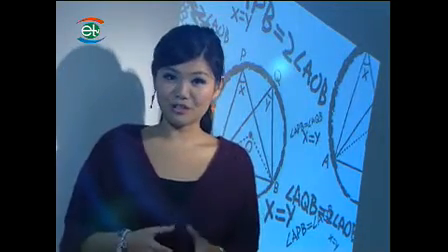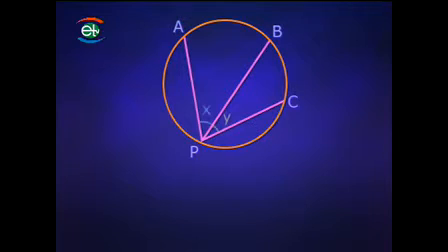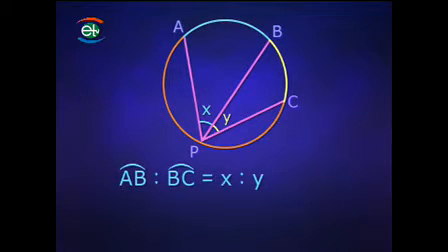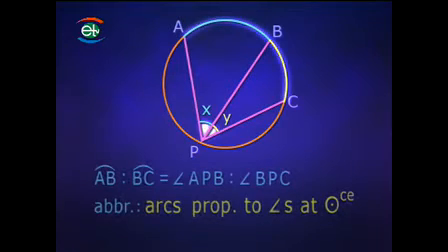In addition to arcs proportional to angles at the center, the length of the arc is also proportional to the angles they subtended at the circumference. The theorem is arcs proportional to angles at circumference.